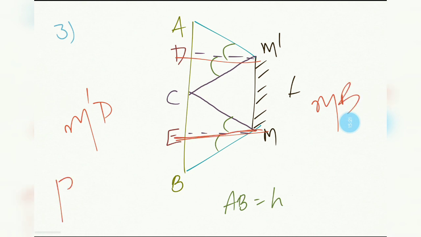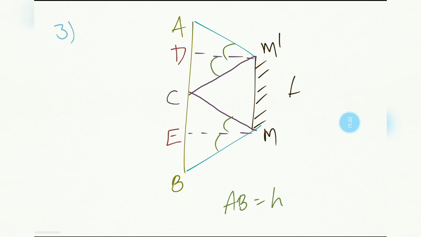Perpendiculars. I have drawn perpendiculars from these end points of the mirror to the man's side. Just remember that. This diagram is very important, you can make a note of it. We have named the mirror's ends M and M', and that length is L.